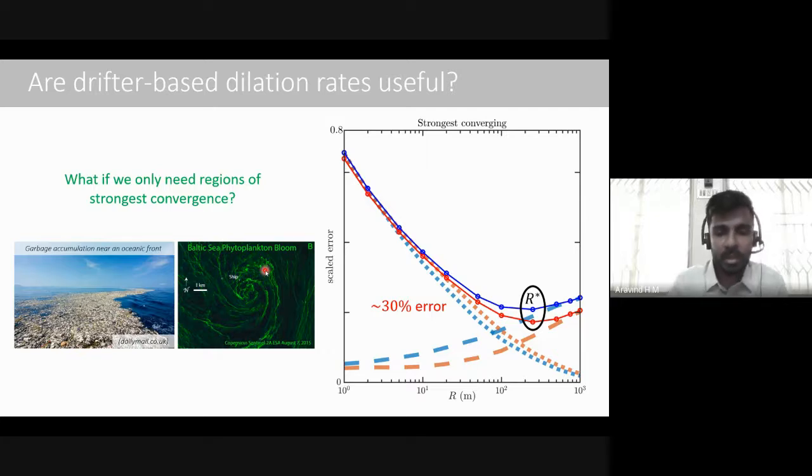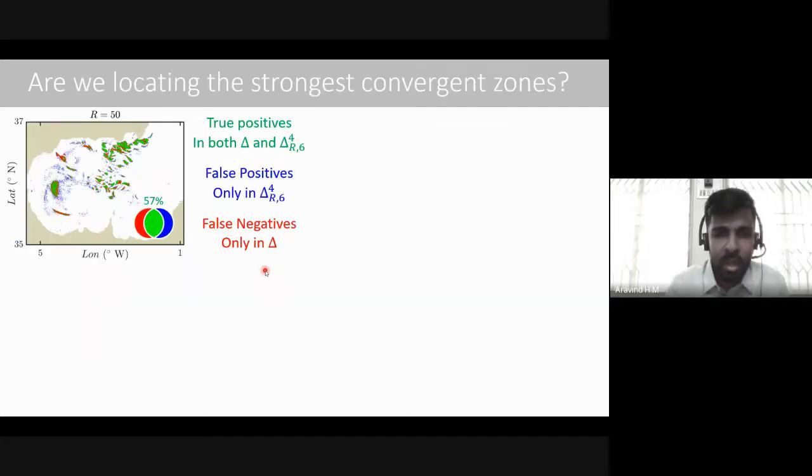So I did a quick test on how well these drifter-based dilation rates locate the strongest regions of convergence as identified by the true dilation rates that I have been looking at throughout the talk. So in this picture, I have considered an initial deployment radius of 50, which was far from the optimum.